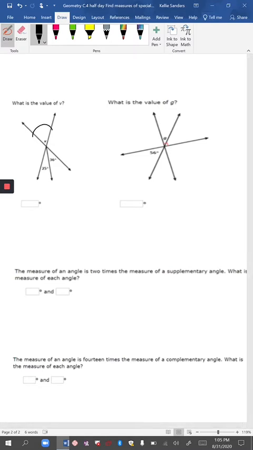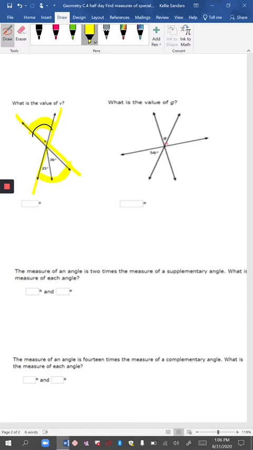We want V, this line, and this line that makes up V also makes up this angle. And this angle and this angle are vertical angles.